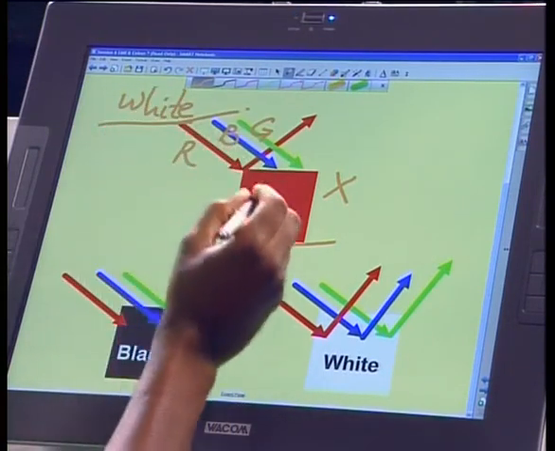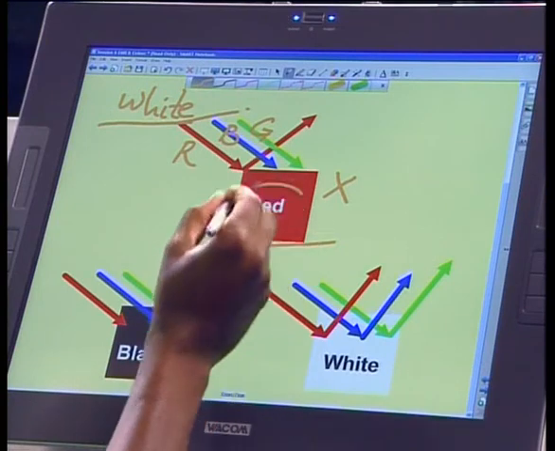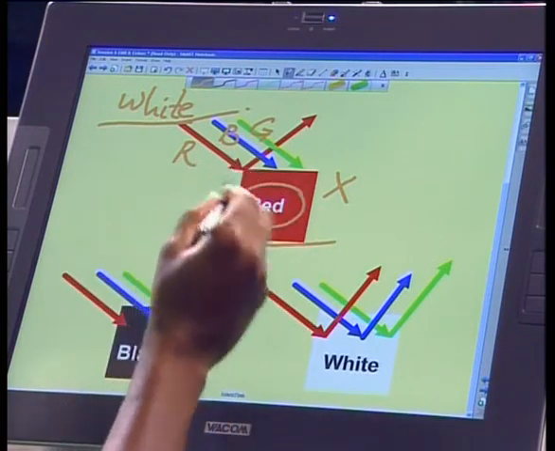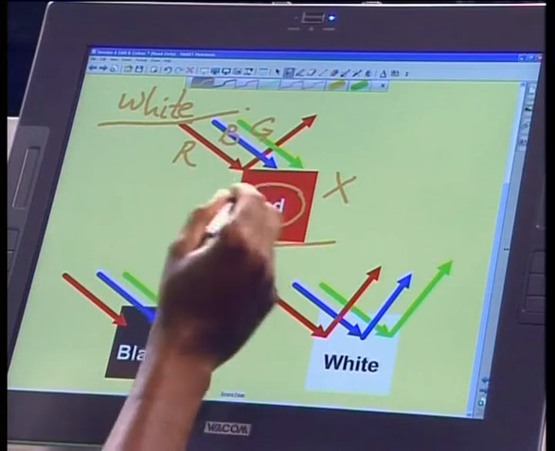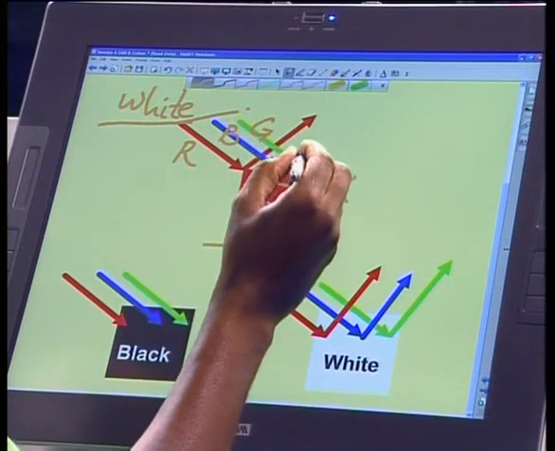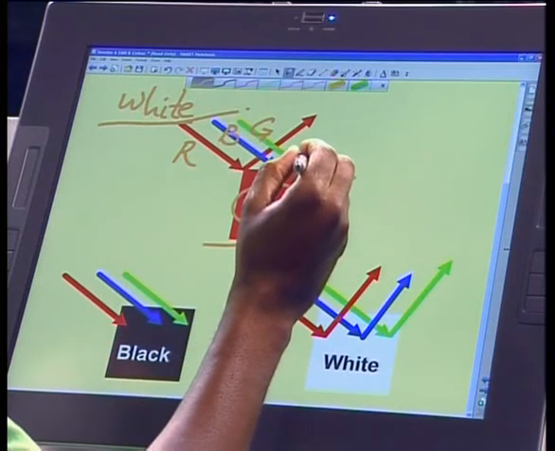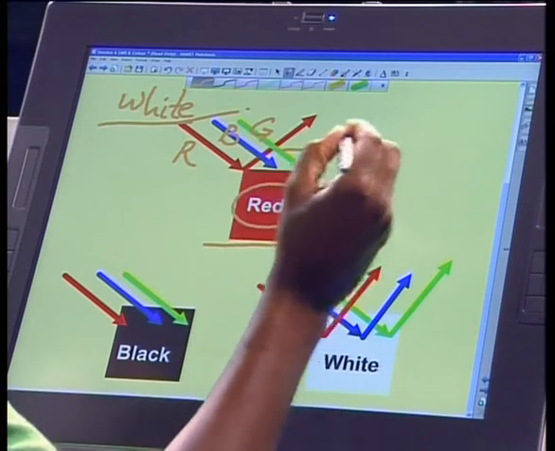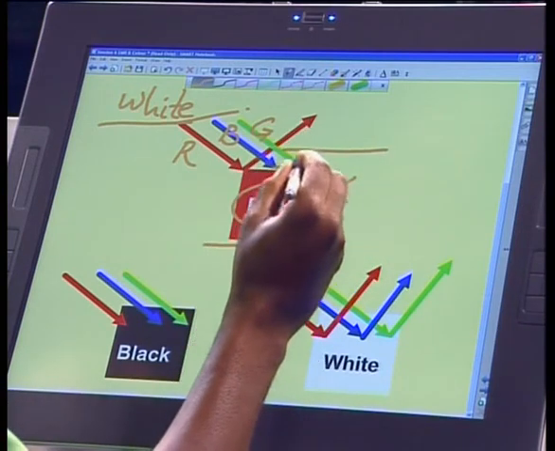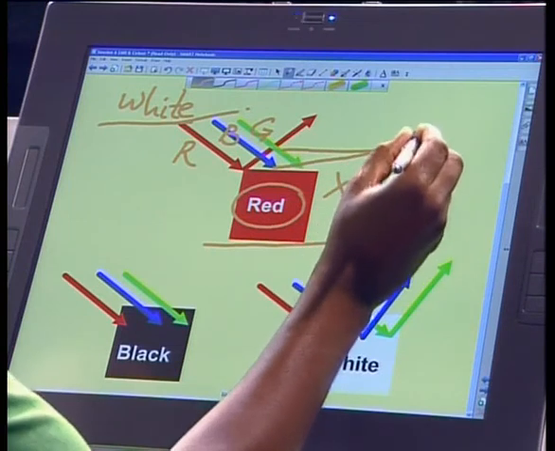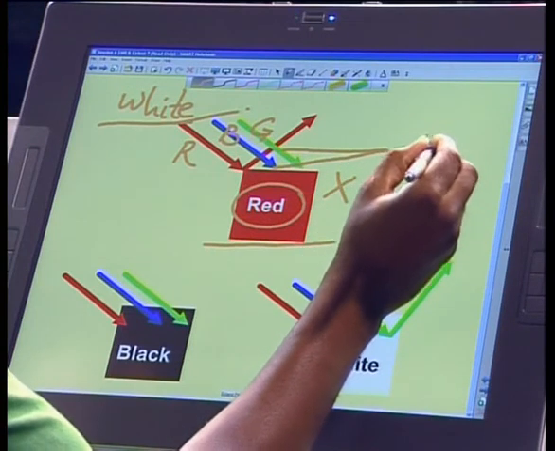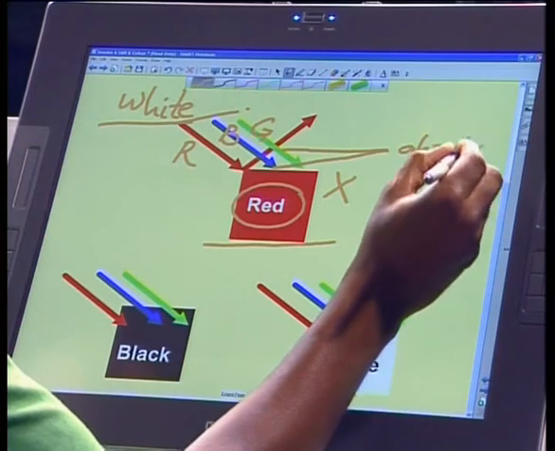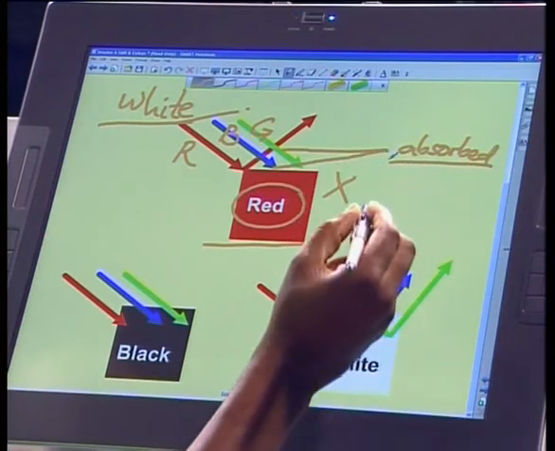When the white light is shone on this object here, because this object has the ability to reflect the red, it is going to absorb green and it's going to absorb blue. So those two are absorbed.